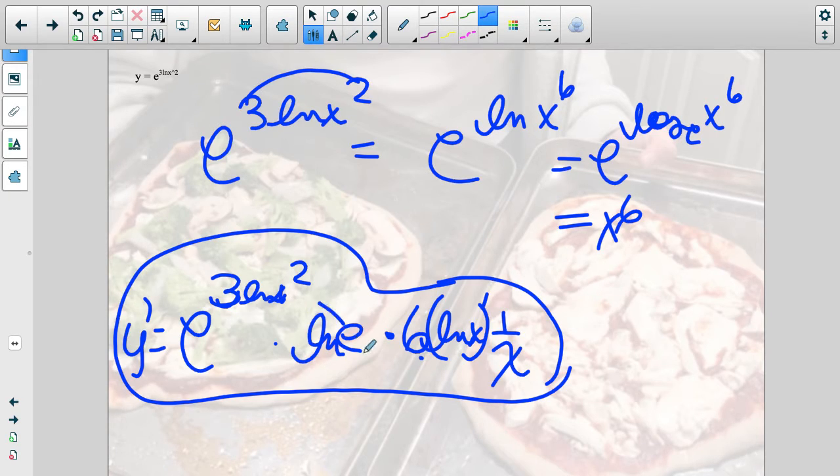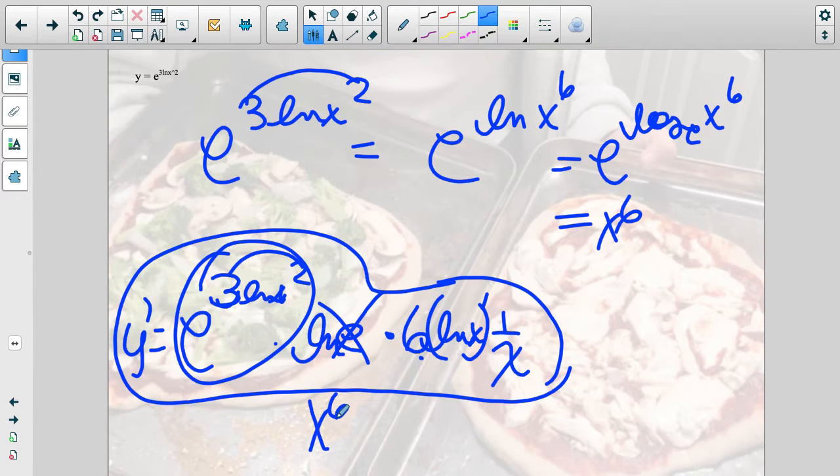That's 1. This right here, if I move this up, would be all of this. Remember, we just decided would be x to the 6th. So this answer I have right here is x to the 6th times 6 times 1 over x. I did get the derivative right. Isn't that 6x to the 5th? But which one would you rather do? Okay? So I'm just trying to make you aware of things, all right?